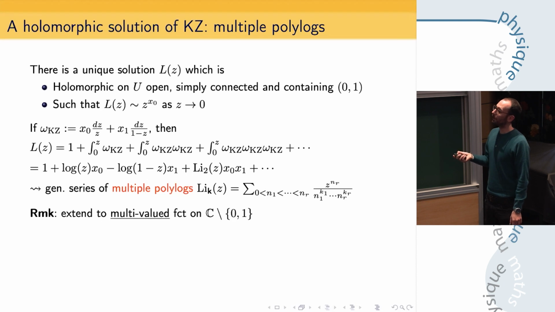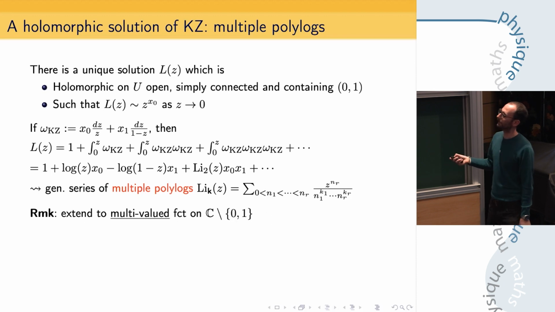And a remark is that, well, you start with some simply connected set, because that's what you can do if you want a holomorphic solution. But then this kind of integral formula allows you to extend to functions on C minus 0, 1, which must be multi-valued.